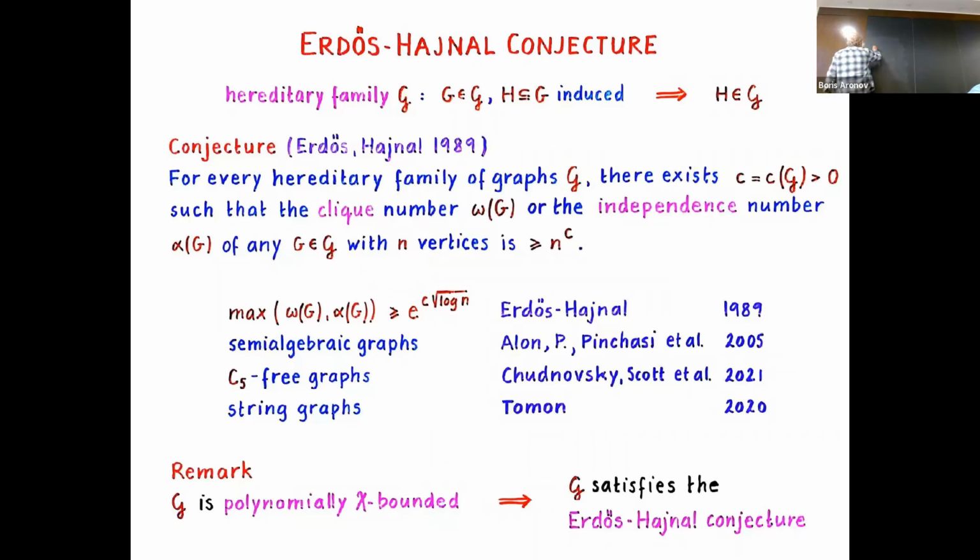So if you look at disjointness graphs of strings, what is a string? A string is just a curve. It is not necessarily straight.